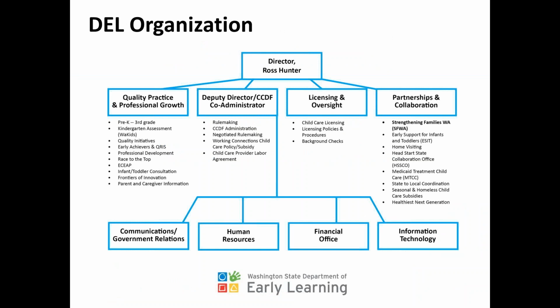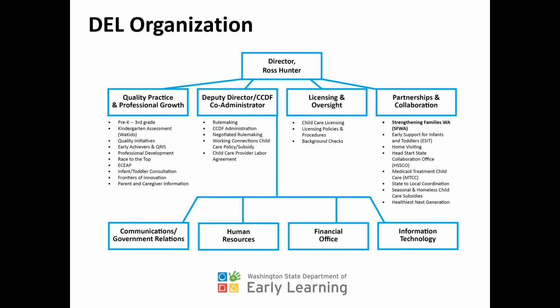I'm going to begin by providing a quick overview of the Department of Early Learning and highlight some of the programs that DEL offers. The director of the Department of Early Learning is Ross Hunter. DEL has four main areas of work. I'll start on the left with the Quality Practice and Professional Growth Division, or QPPG division.